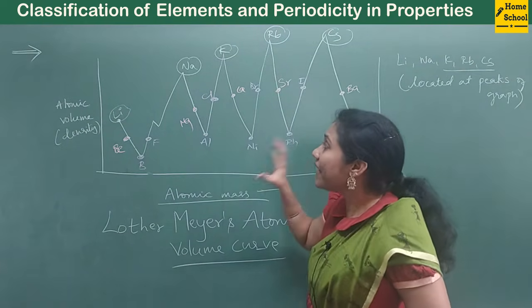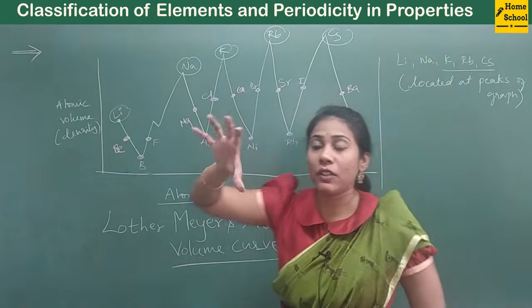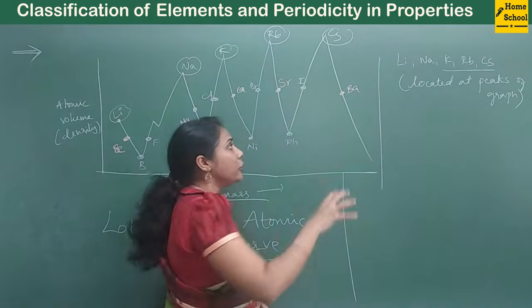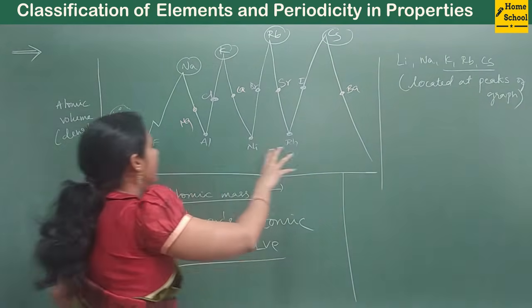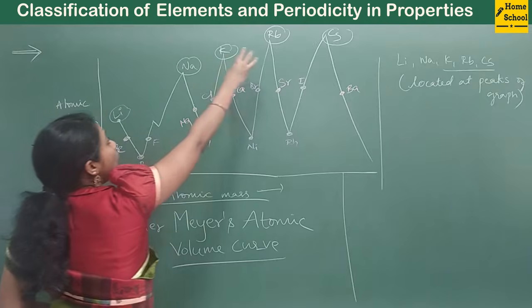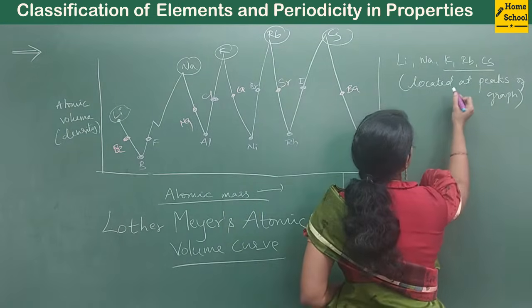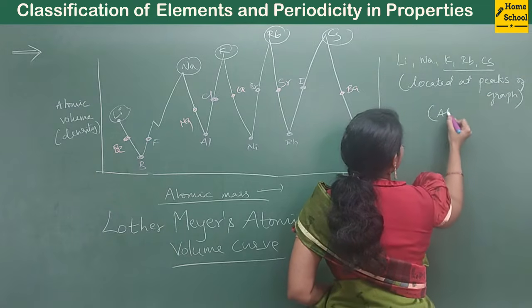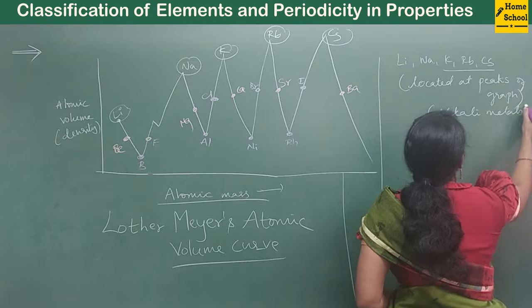So he said that yes, these elements belong to one particular group. You can study them together, because when he plotted the graph, all of them occupied peaks, and he called these elements alkali metals. So all alkali metals occupy the peaks.